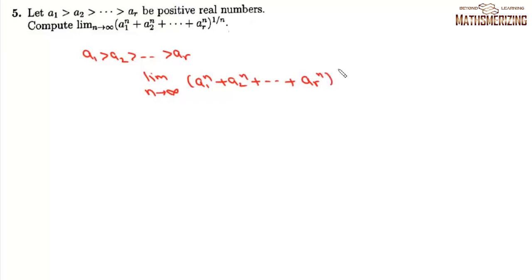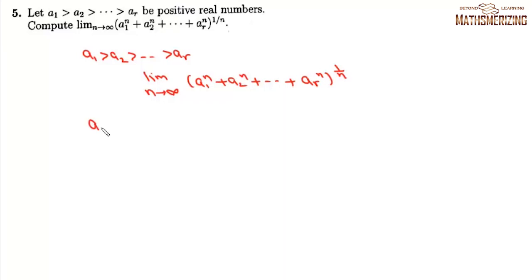Now question number 5 is, let A1 be greater than A2 be greater than AR. Then we need to find this limit, which is the limit as n tends to infinity of (A1^n + A2^n + ... + AR^n) to the power 1/n.